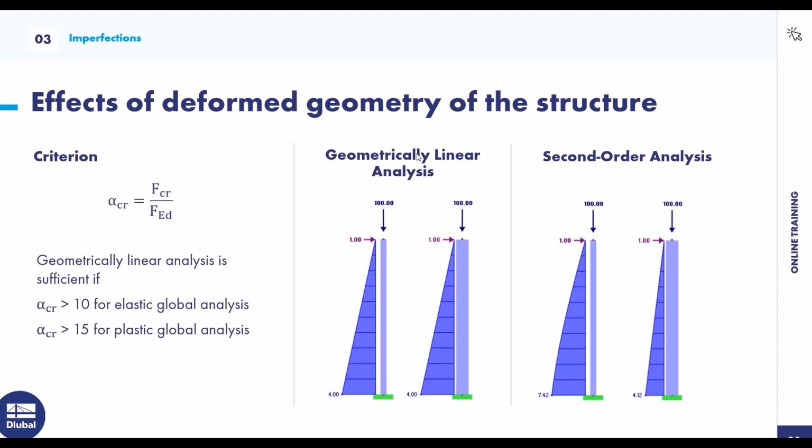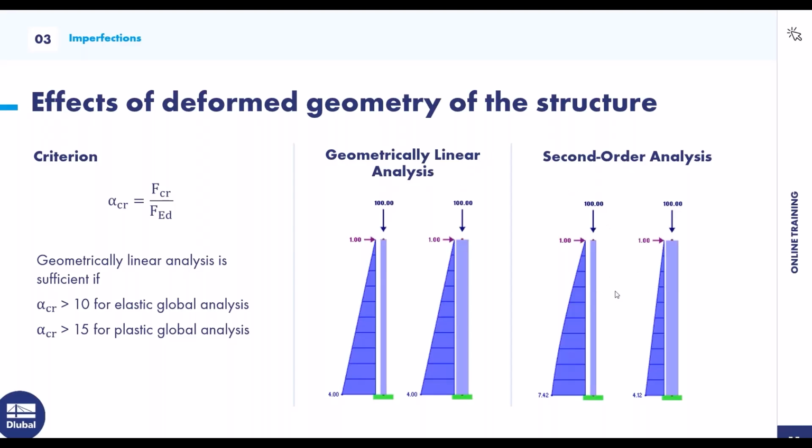The geometrically linear analysis is an equilibrium formulation on the undeformed system, and the second order analysis is an equilibrium formulation on the deformed system.